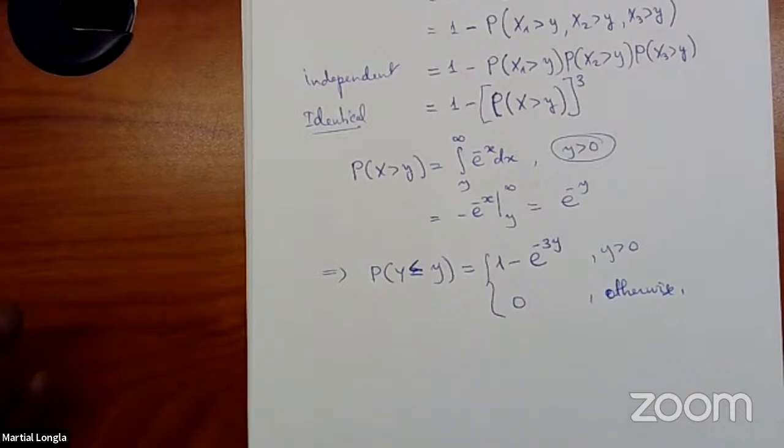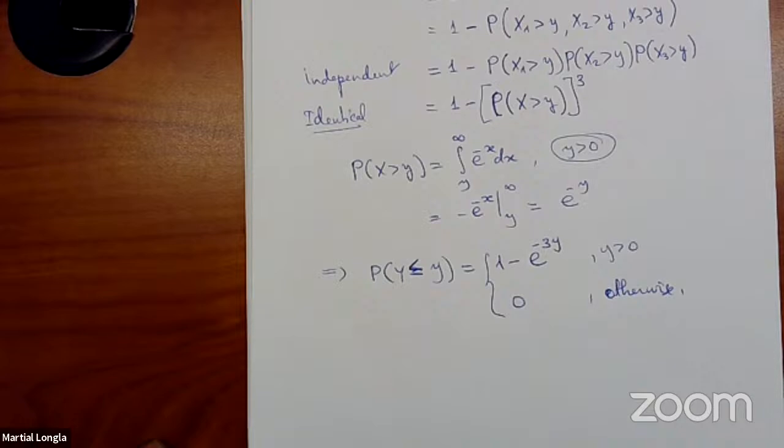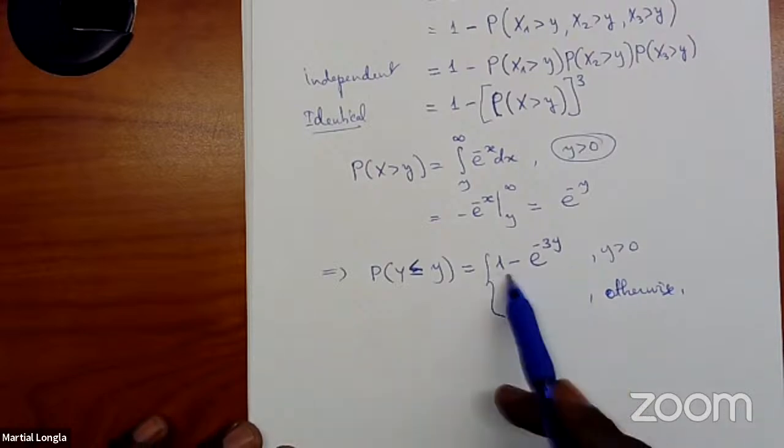And what happens when you have gamma with alpha equal 1? How do we call it? It's exponential. That's the exponential distribution.